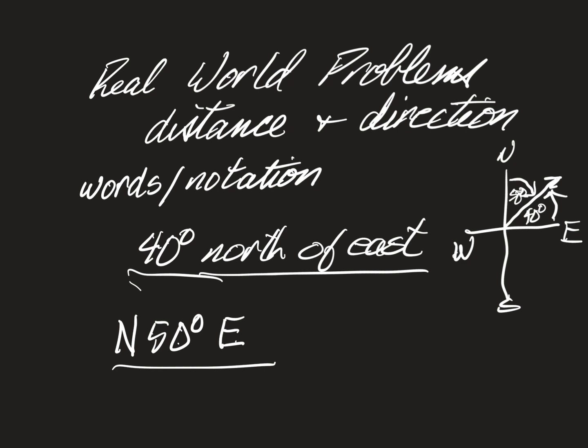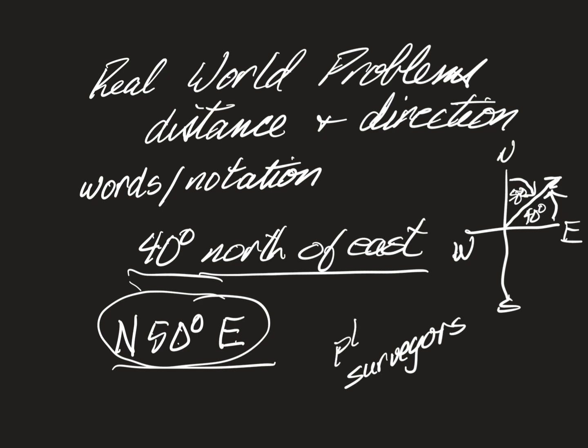Now, by the way, surveyors have to know this in order to be able to survey land, because property lines are recorded in this way. If you ever get to see the deed or the home loan paperwork, you should ask your parents, you should look for the map, what will be called a plot map of your property that your home is on. And if you look at the boundaries, you will see that the boundaries are often recorded in one of these two ways.